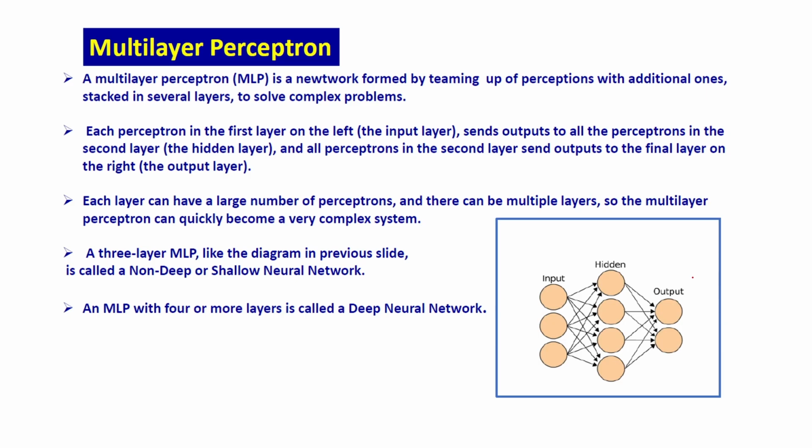Hidden layers can be as many as hundreds or thousands. Each layer can have a large number of perceptrons, and they can also be multi-layer, so multi-layer perceptrons can quickly become a very complex system. That is how these complex systems can be built up one by one.